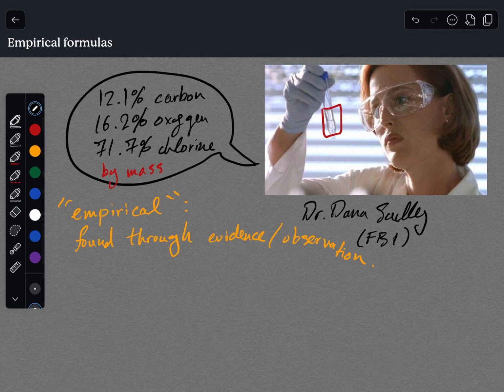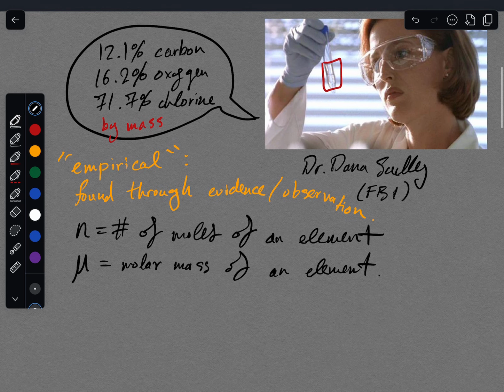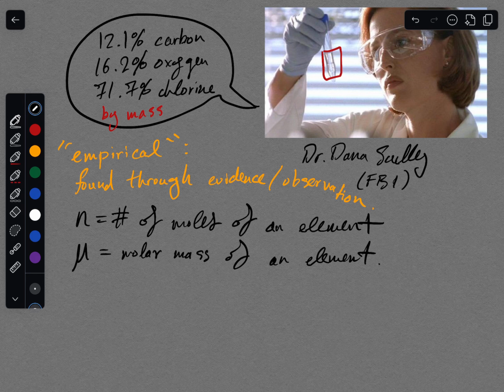Another way of saying this is I want to find the ratios of the moles of each of these. But the moles, remember, are going to be related if I use little n to be the number of moles of an element, and I use mu as usual to be the molar mass of an element, then I can say, let's say I have 100 grams of this substance.